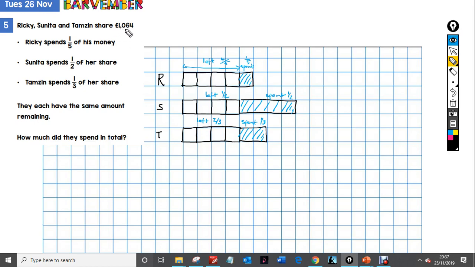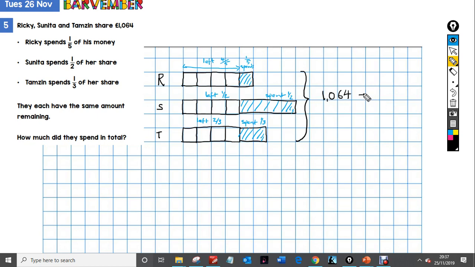We've got 1,064, so that's what they had in the beginning. So all of this is 1,064, and we need to then divide that by the number of these equal size portions. So we know that there's 5 here, 10, 15, 16, 17, 18, 19.